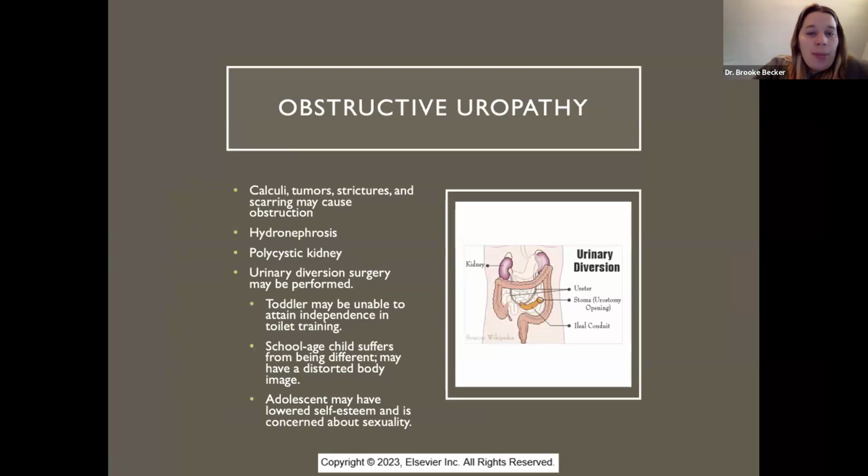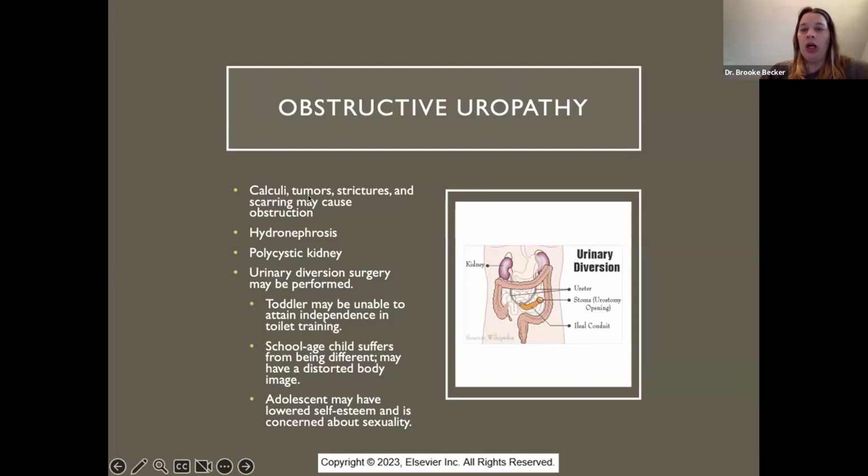Obstructive uropathy includes tumors, strictures, which is narrowing or scarring, or renal calculi, which are kidney stones. Those are all options of obstructive uropathies. Hydronephrosis is an enlargement of the kidney that happens after any of these things.